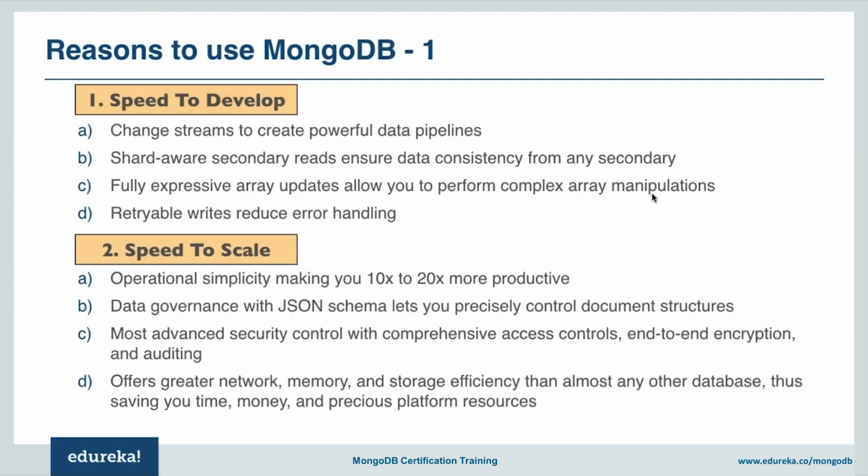What are the reasons why we should make use of Mongo? Obviously, scalability is a big factor, and then the streaming of the data, and enhancing the development life cycle. That's another big reason that Mongo becomes a good fit.